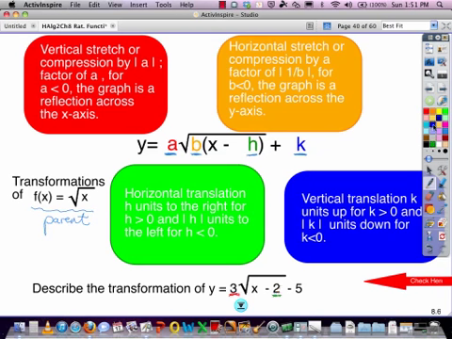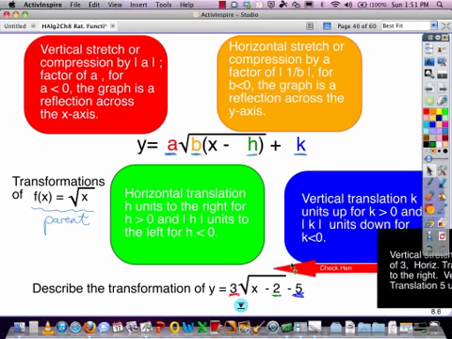And we have that K value that's outside of the radical sign totally. So start thinking about what each of those mean. The 3 out front, make your choice. The 2 underneath, make your choice. And the 5 that's outside of the radical totally, make your choice there.